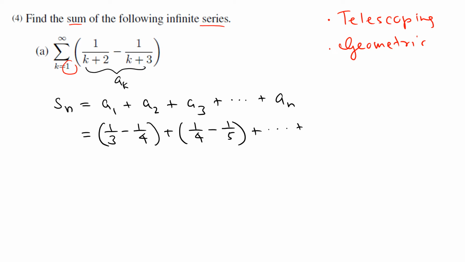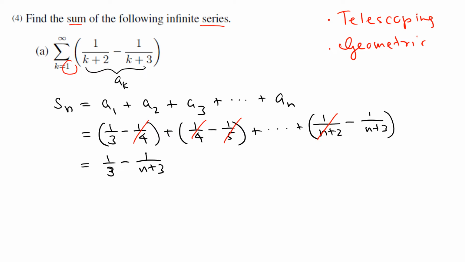If you plug in n, you get 1 over n plus 2 minus 1 over n plus 3. So that's what you get. Now you can see there are some cancellations going on. This term cancels with that, and similarly this one cancels with the next one, and then this one also gets cancelled. So you only end up with 1/3 minus 1 over n plus 3.